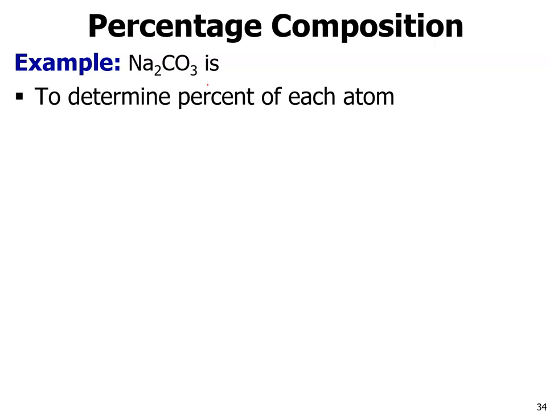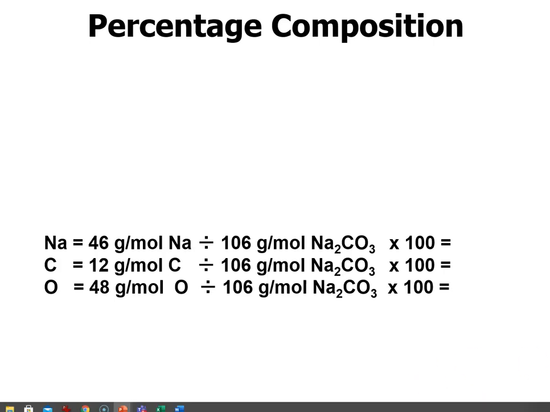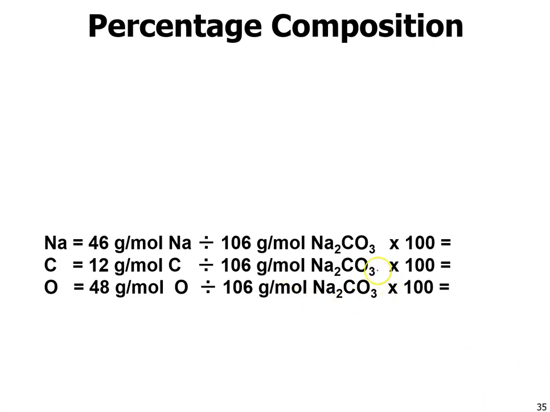So how we do this to determine the percentage of each atom, we have to look and have some information about the atomic masses. So for this whole compound, the atomic mass for sodium is 46 grams per mole.